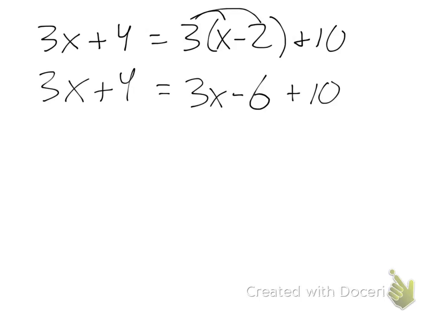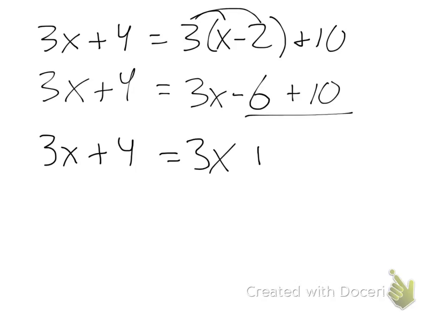I can simplify the right-hand side by taking the negative 6 and 10, put those together, and I'll get what? What happens when I put those two together? What's negative 6 plus 10? Plus 4?